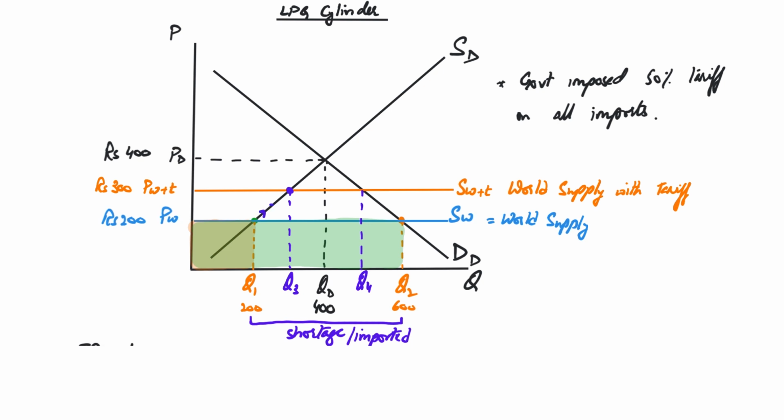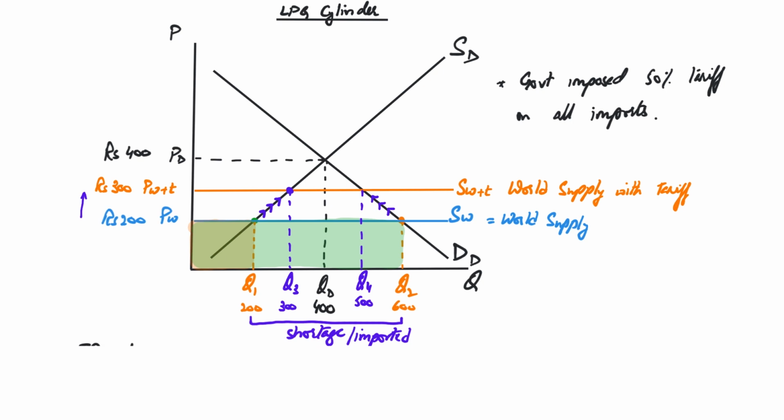Because the prices have gone up, domestic producers will be able to charge a little higher price, so they'll be able to produce a little more quantity, let's say 300 units. But since the price has risen, there's going to be a slight reduction in the quantity demanded also, let's say 500.